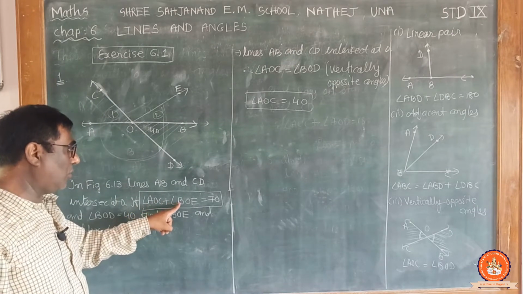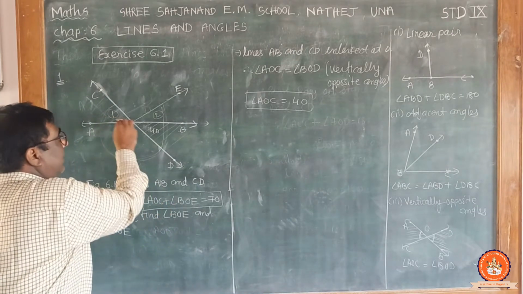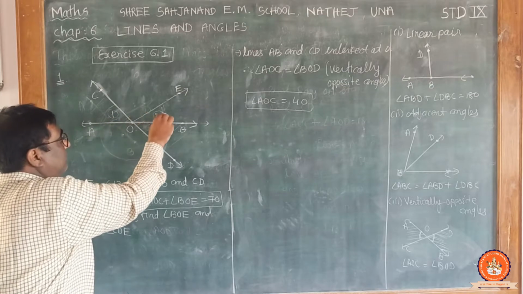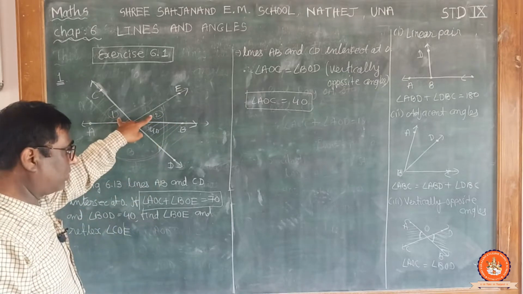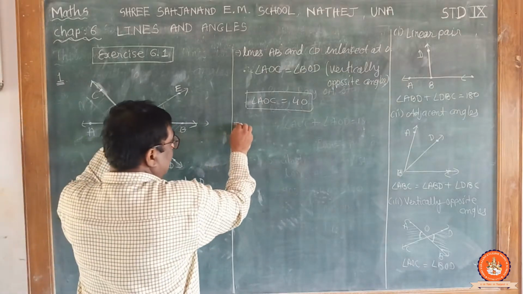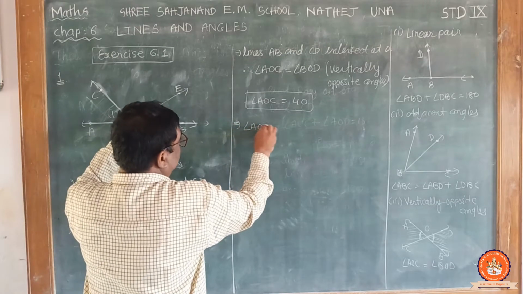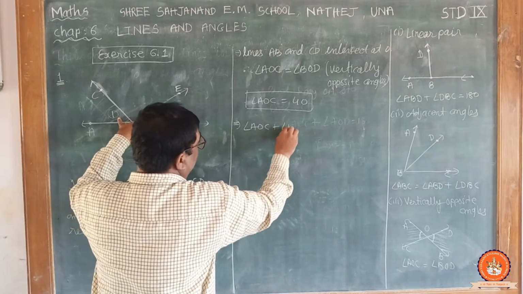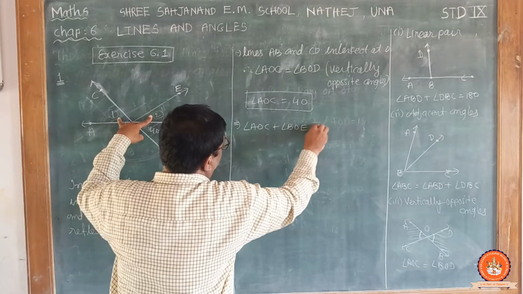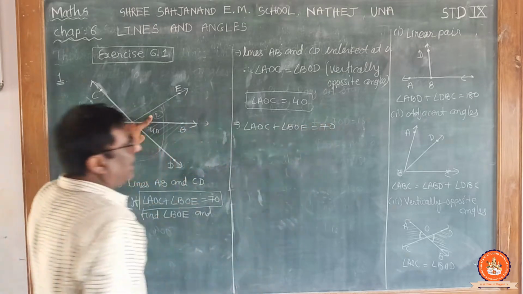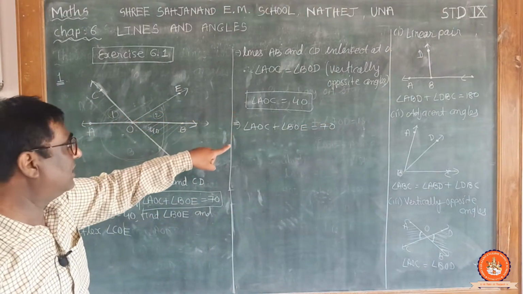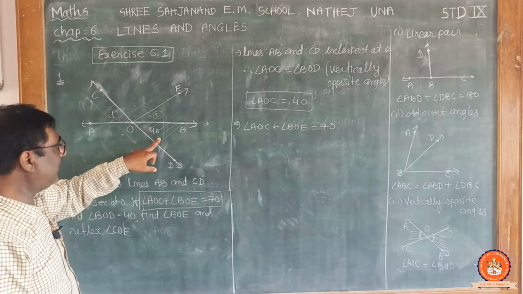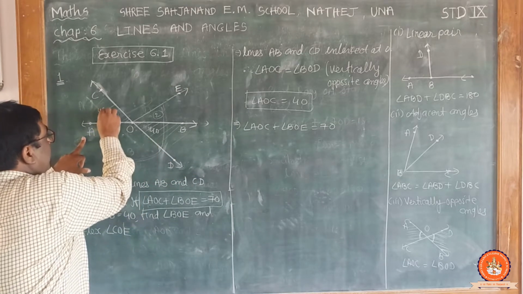Now my friends, look at it. AOC plus BOE is equal to 70 degrees, and we have the measurement of AOC. If BOD is 40, then this one we found out to be 40.